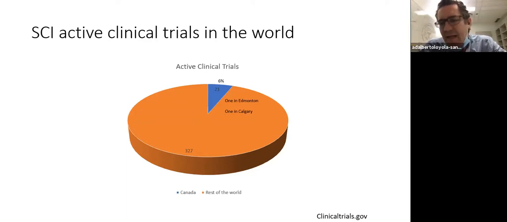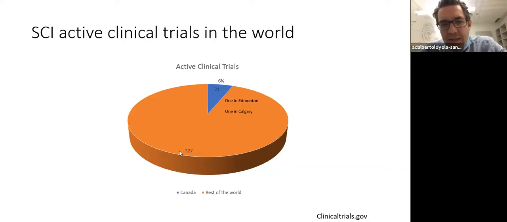We did a small search to look at how many active clinical trials there are, and by active I mean that right now they are currently recruiting people or are on the way to completing the trial. I focused the search on interventions, so anything about diagnosis, procedures, or other types of trials outside interventions was excluded. And this is what we found.